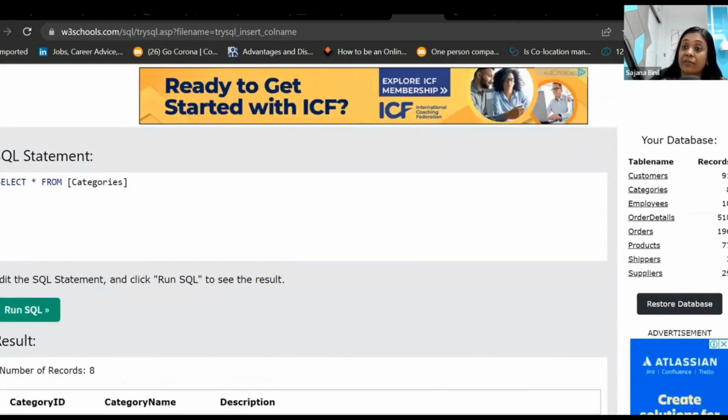Did you see that, guys, on the right-hand side? Additional databases for you to play around. So it's not just the customer database. I believe this tool will be beneficial for you to learn further SQL.